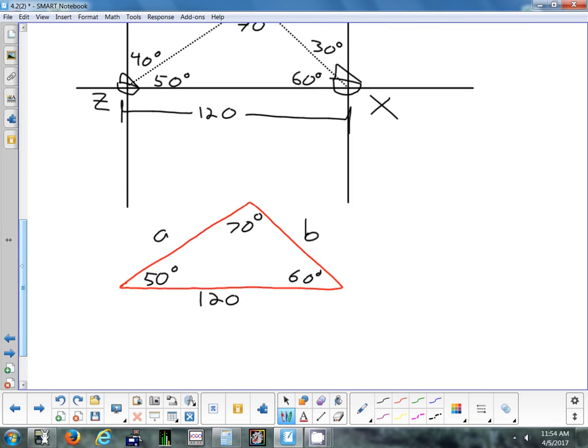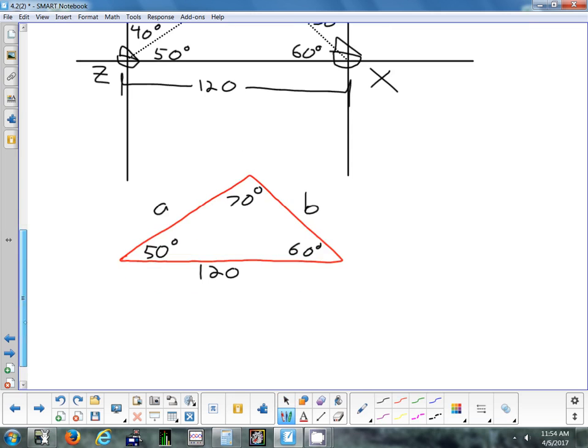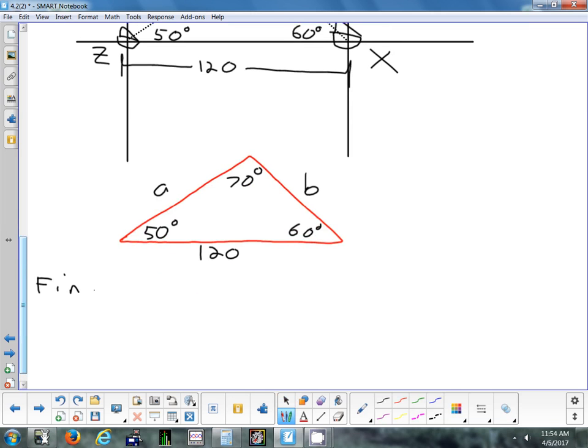So now that we have the diagram, you can forget that it's a word problem. Just solve for those two sides. Let's set it up to find A. In my proportion, what could I put on the top for the left-hand side?